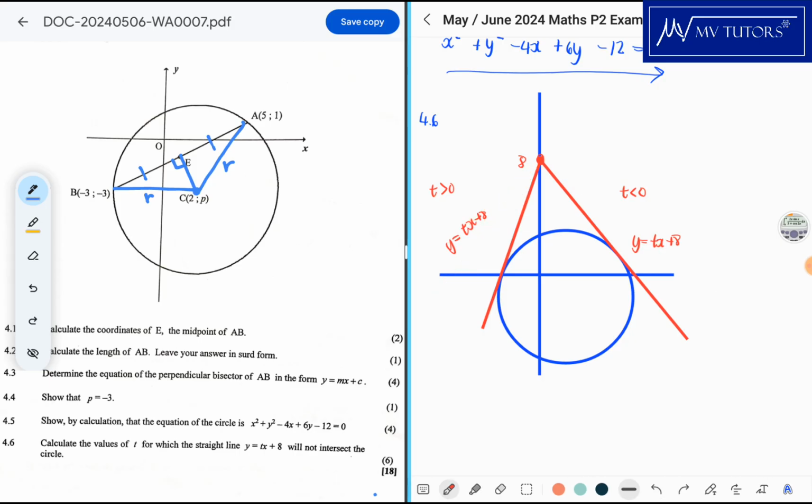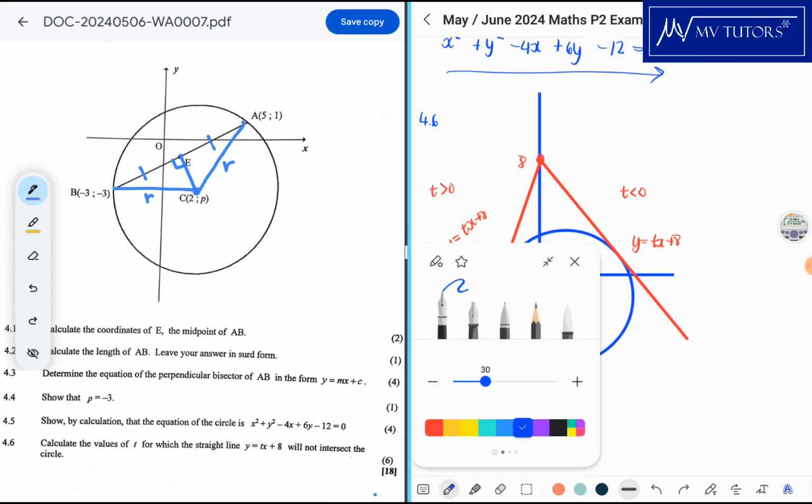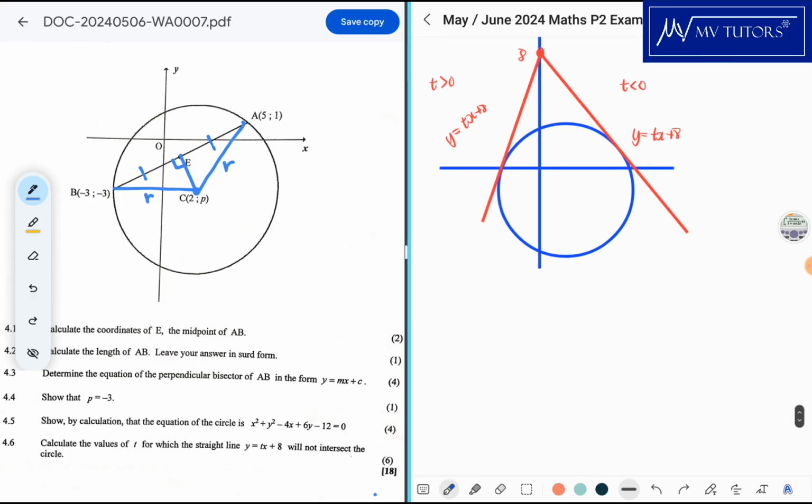And then we'll work out what the other lines are also. So how are we going to do this? I have my equation over there of the circle, which is simply x squared plus y squared minus 4x plus 6y minus 12.